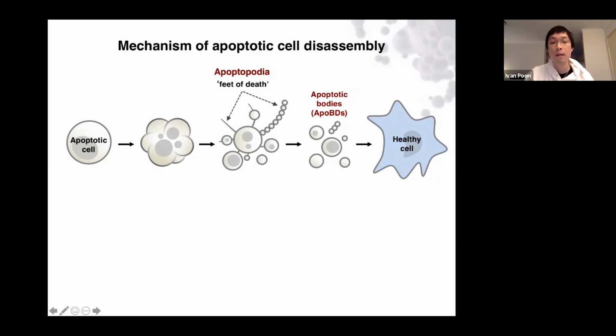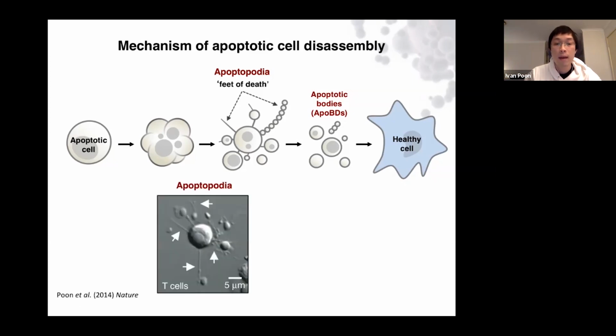After cells have undergone membrane blebbing, they are able to form various protrusions to aid the formation of apoptotic bodies. We call them apoptopodia, which means feet of death. Basically, the very thin protrusions help to push the blebs apart and then undergo fragmentation to generate apoptotic bodies. And apoptopodia can come in two different flavors.